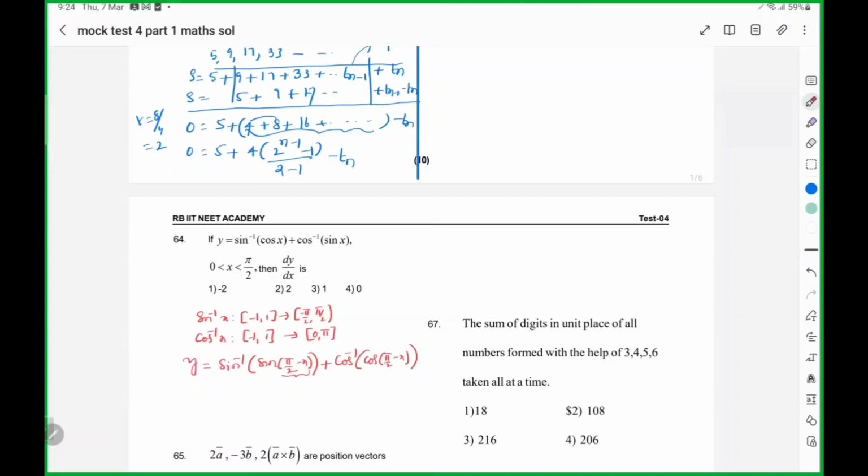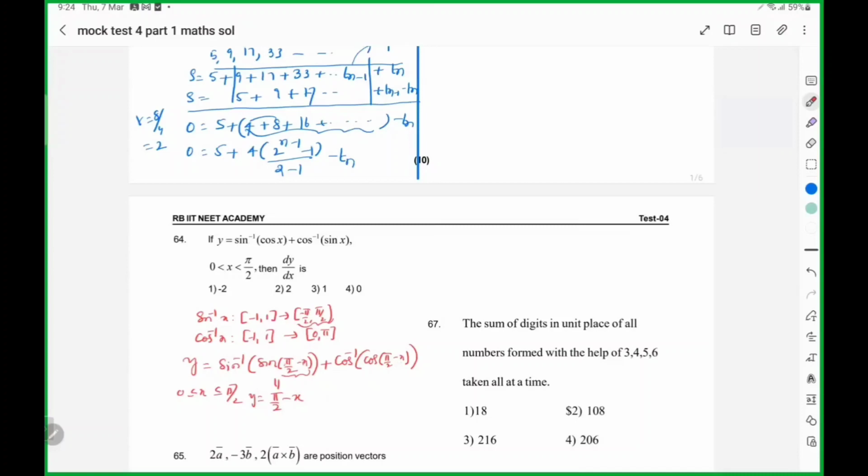Now if you consider x lies between 0 and pi by 2, then in such case pi by 2 minus x, for example 30, 90 minus 30, 60. 60 is in the bijective limits, right? So then I can write y straight away as pi by 2 minus x.